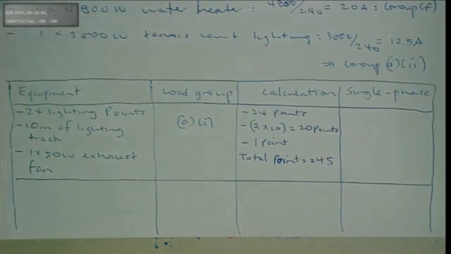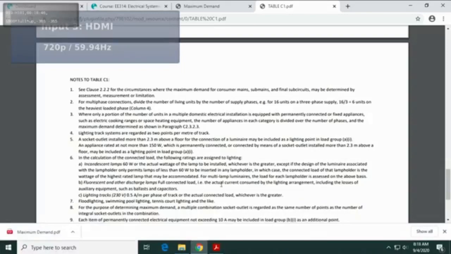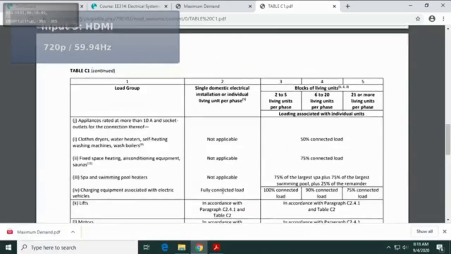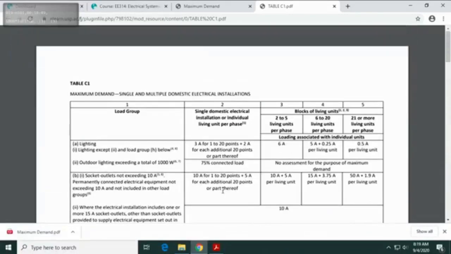Now let's look at the table C1, how to calculate the current for load group A1. So we are looking at single domestic, which is column 2. Here it says 3 amps for 1 to 20 points plus 2 amps for each additional 20 points. Here we have 45 points.